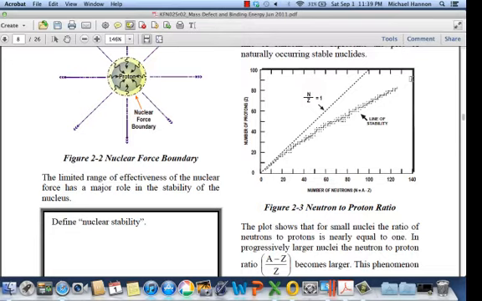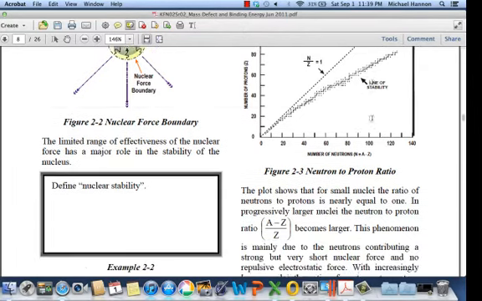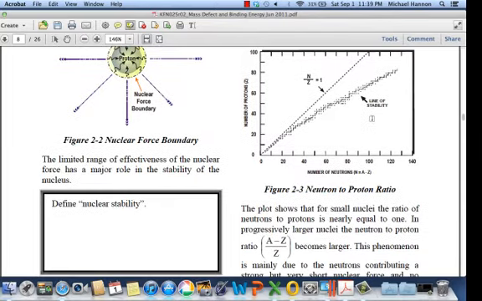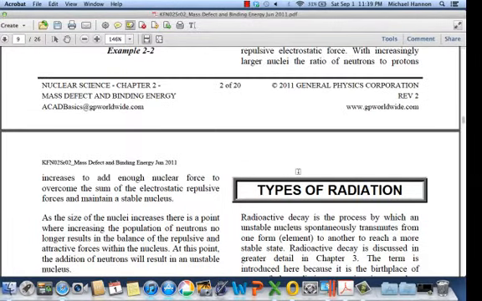So to make a uranium-238 atom stable, we have to have many more neutrons than protons to increase the stability. Okay, you think you got that covered? Alright, we'll move right along. So that was nuclear stability, the neutron to proton ratio chart, figure 2-3.